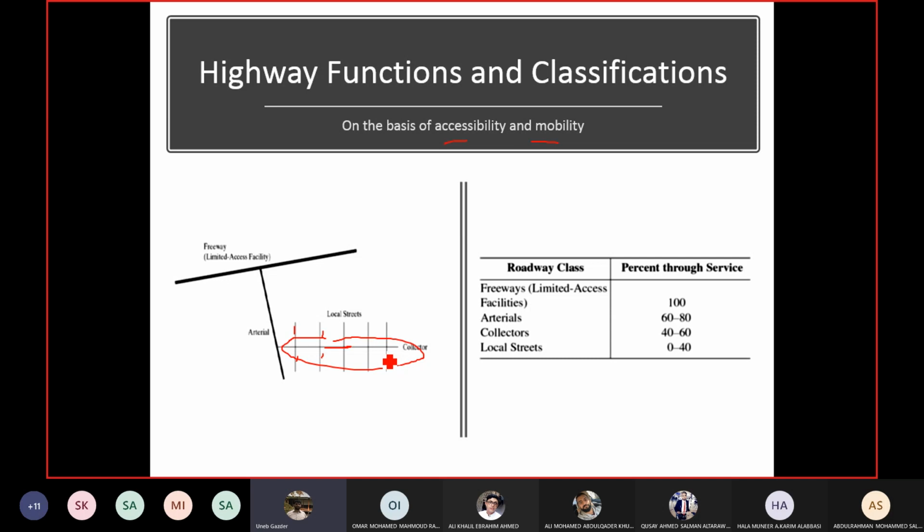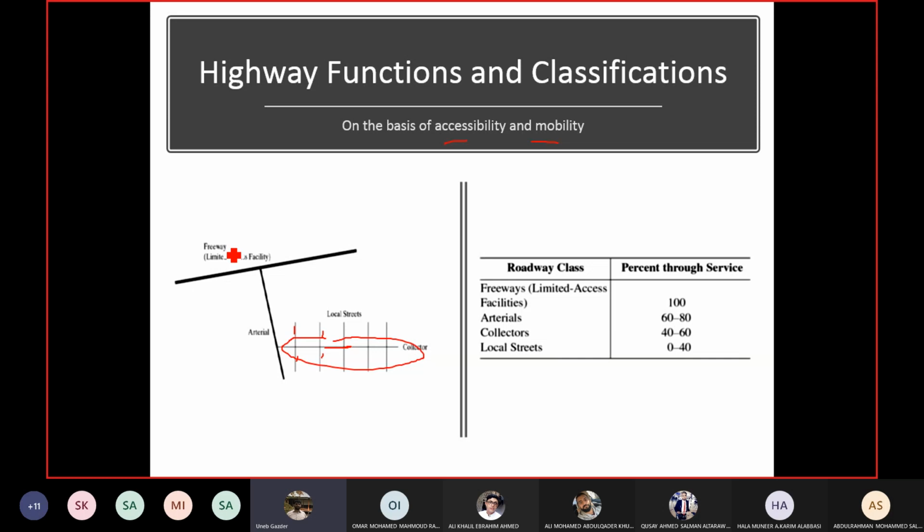You have less ease in moving through this road because you are interrupted by all these drivers who are coming and going. So this highway has more accessibility but less mobility. The drivers' speed should be less as well because they are being interrupted.